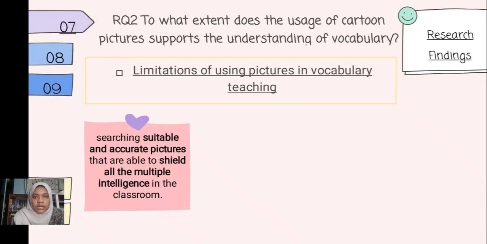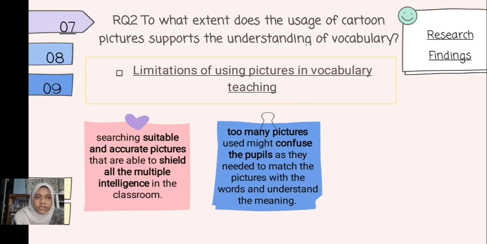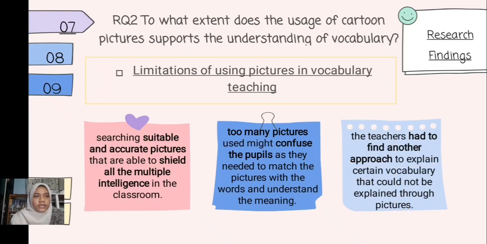It is very hard and time consuming, and too many pictures used might confuse the pupils as they need to match the pictures and the words and understand the meaning. Okay, and the teachers had to find another approach to explain certain vocabulary that could not be explained through pictures. So this is very hard, and that limits the potential of the pictures.